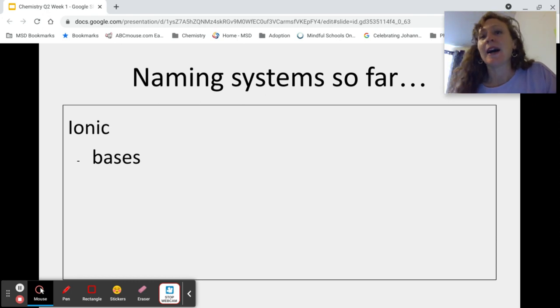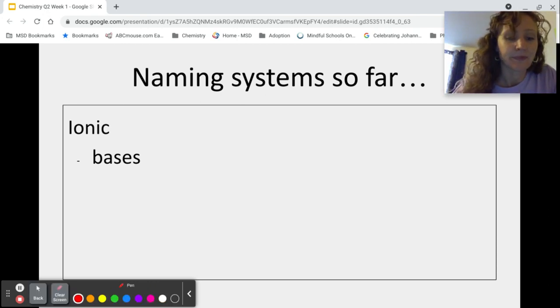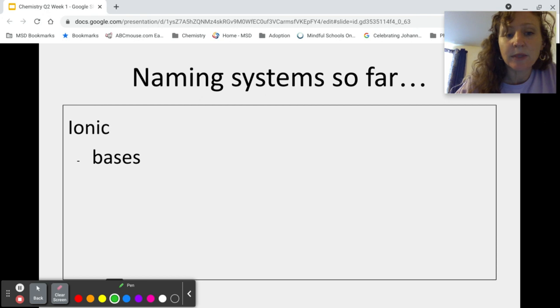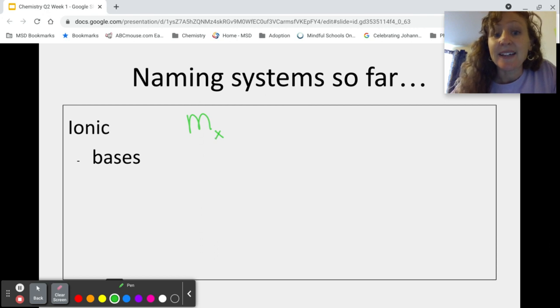So, I know it's right off the bat, but pause the video here and see if you can tell me what the general format for an ionic formula is, and then how we would name that formula. So the general format of an ionic formula, it's always going to be a metal, and then that metal will have some subscript, and then it will be a nonmetal.